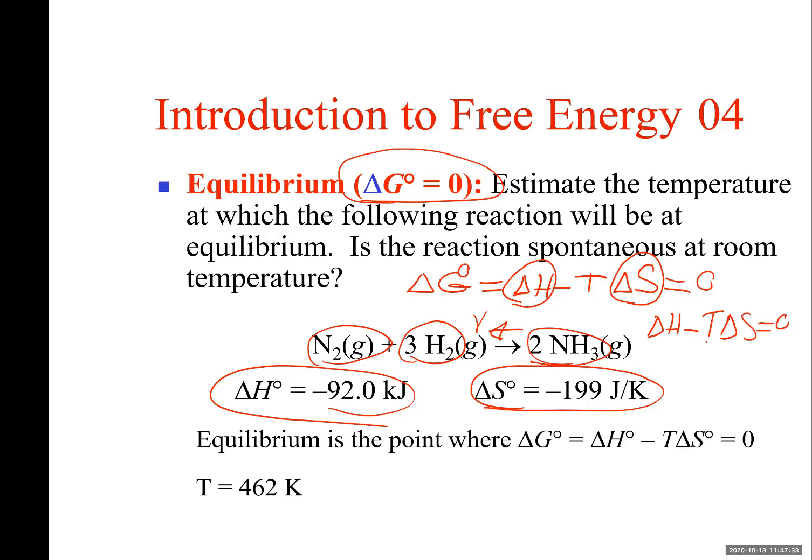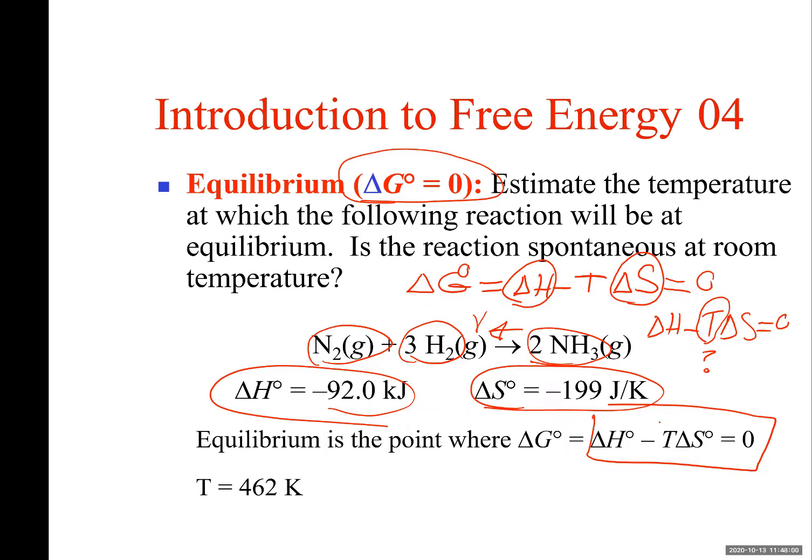Can you solve this equation for T? At what temperature is this reaction going to be at equilibrium? In other words, how would you solve this equation for T? Anybody make a suggestion?